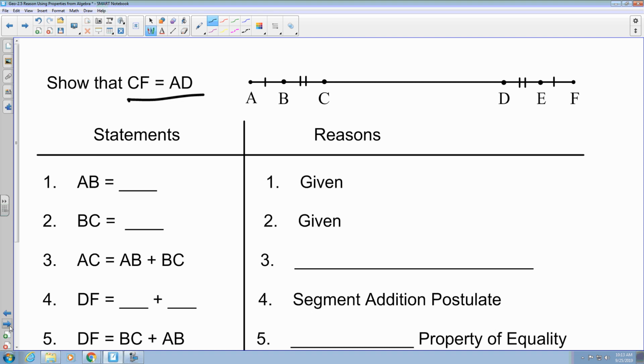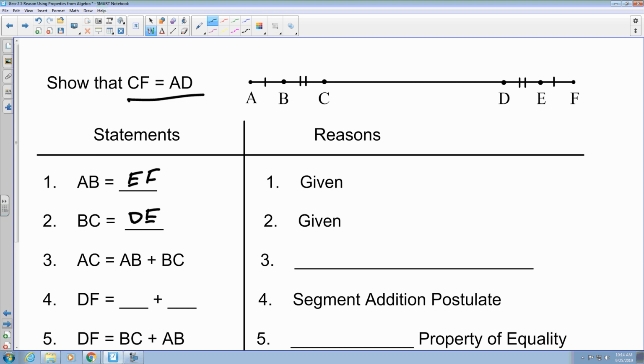So right here we can say, if you look at the drawing, we have hash marks at AB and we have hash marks that are the same in EF. So I can say that AB is equal to EF because it's something that is given to us. Also, we have 2 hash marks between BC and DE. This is something that is also given to us.